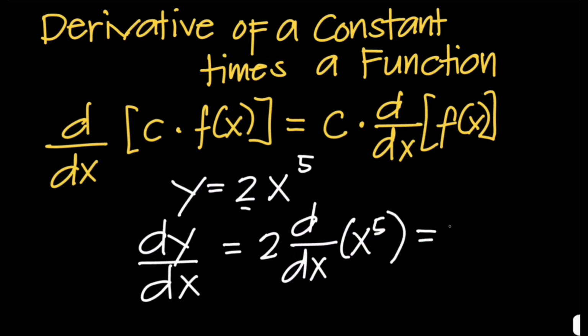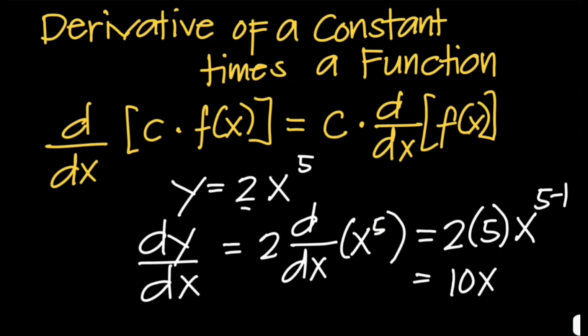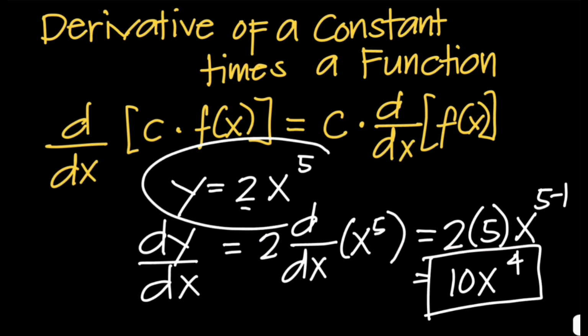So this would become 2 times the derivative of x to the 5th. We use the power rule. So the exponent, which is 5, times x to the 5 minus 1. So this is 10x to the 4th. So this is the derivative of y equals 2x to the 5th.